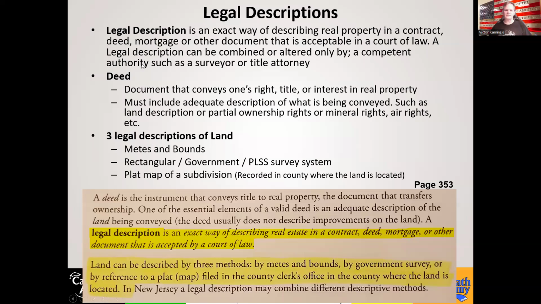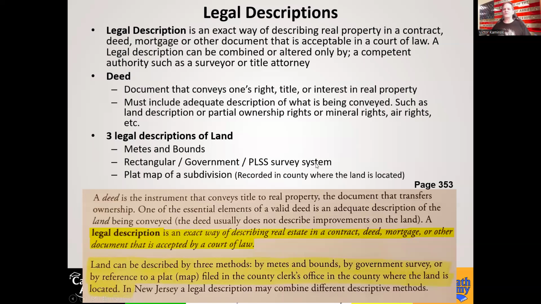But a deed can also transfer your rights, title, or full or partial ownership interest in real property, and must include an adequate description of what exactly is being conveyed, such as the land description or partial ownership rights or mineral rights, air rights, etc.